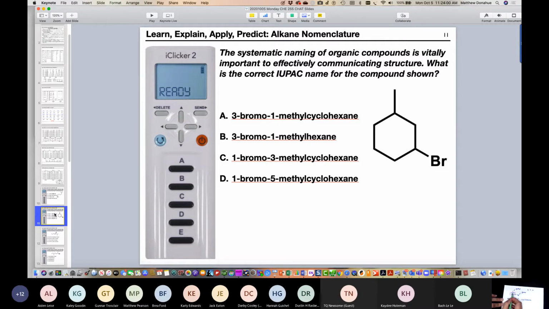Because we have to assign all the carbons a number, in this case, we're going to go 2, 3, 4, 5, 6. Based on that information, what should the name of this compound be? Look at the screen, type into the chat box what you think the name of the compound should be.